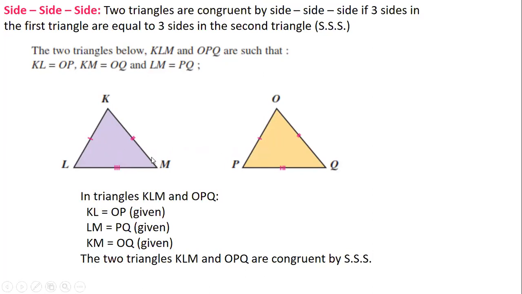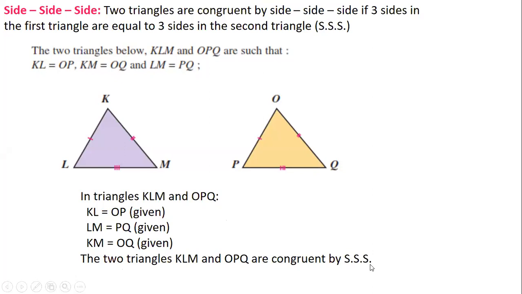Then side KM is equal to which side? OQ. Also by given. Side LM is equal to which side? PQ. Also by given. So here we have the 3 sides in the first triangle equal to the 3 sides in the second triangle. Then the 2 triangles KLM and OPQ are congruent by SSS. Yes, this is the ending sentence. So we have written the starting sentence, the elements given, and the ending sentence.